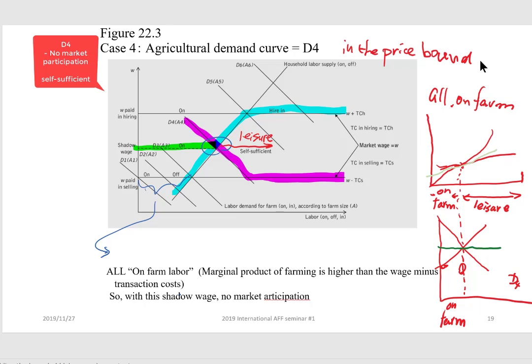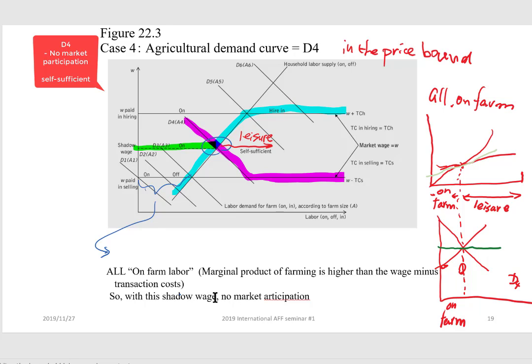This is a way to explain this situation by the farm household subjective equilibrium point. This category doesn't have any participation in the market, like buying other household labor, and also they don't sell their household labor to the market.